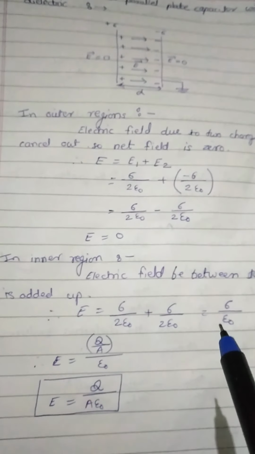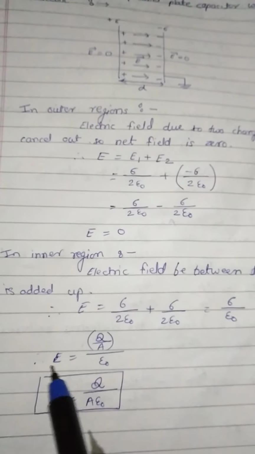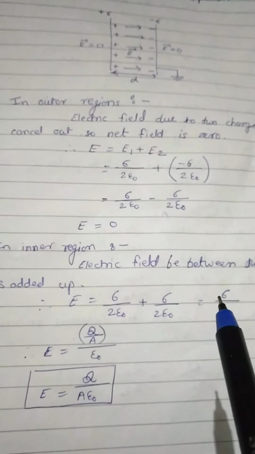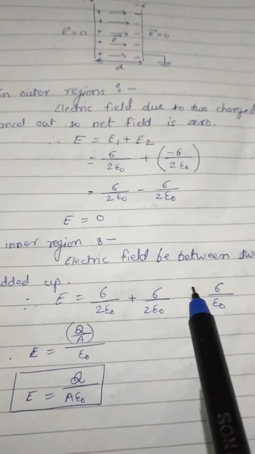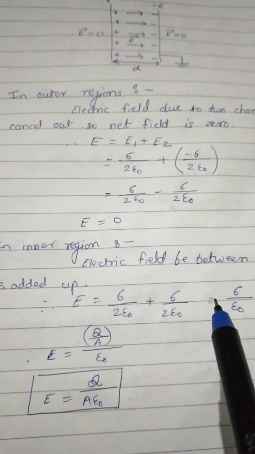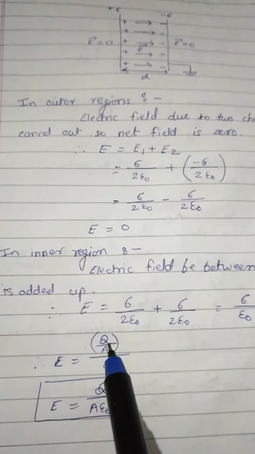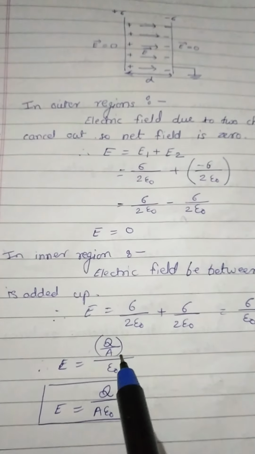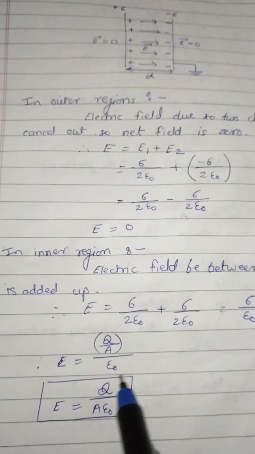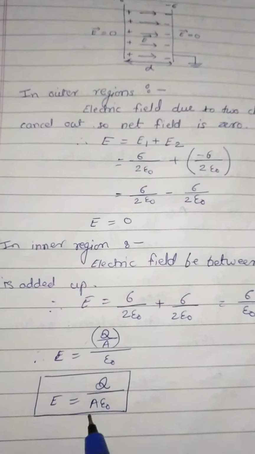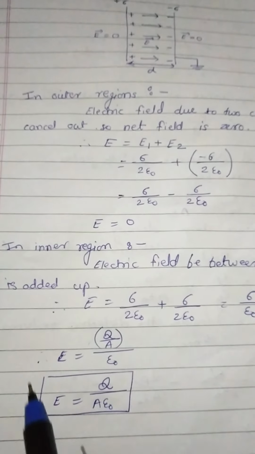Here sigma is the surface charge density, sigma equal to Q upon A, charge upon area. So E is equal to Q upon A epsilon naught.